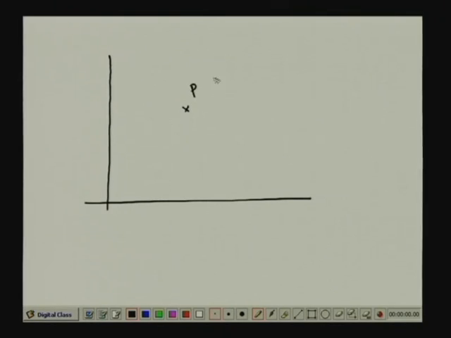In the same manner, given a point P, again in 2D, having a coordinate x y, suppose I want to rotate this point P around the origin by an angle theta.